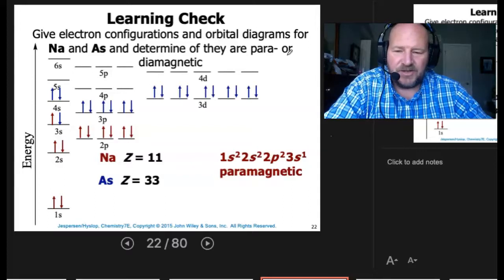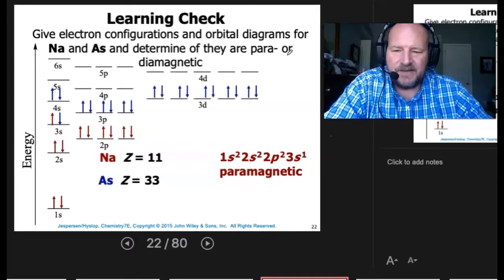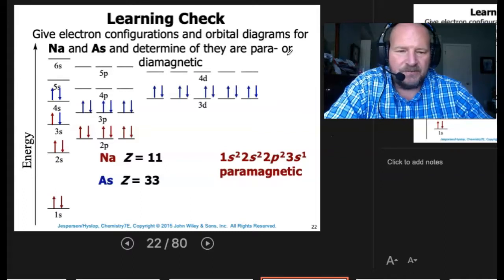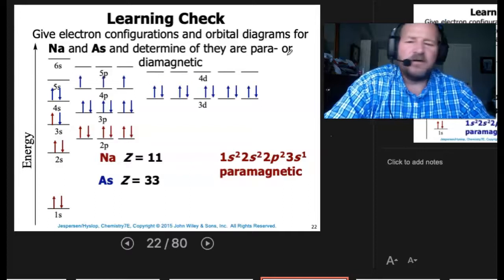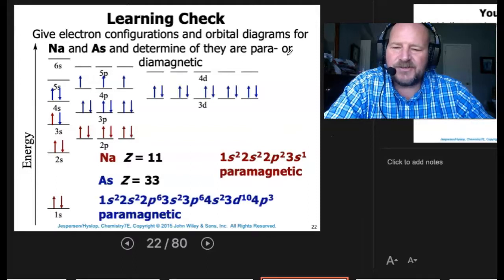Might have to count our electrons right now. That gives us what? 2, 4, that's 10, 12, 18, 20, 30, which means we have 3 more left over. And so there they are in the 4p. Also unpaired, which means arsenic should also be paramagnetic.